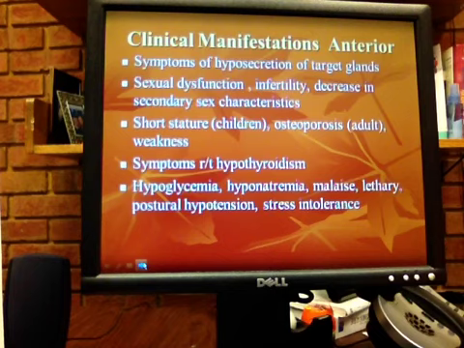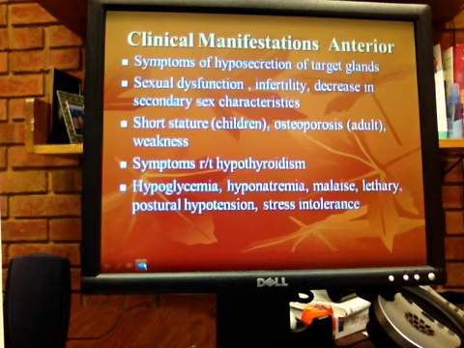So, the gonadotropin hormones, again, include your luteinizing hormone, that's LH, your follicle-stimulating hormone, that's FSH, and those hormones are supposed to stimulate your ovaries and your testes. Anyway, we talked about those sexual dysfunction things.